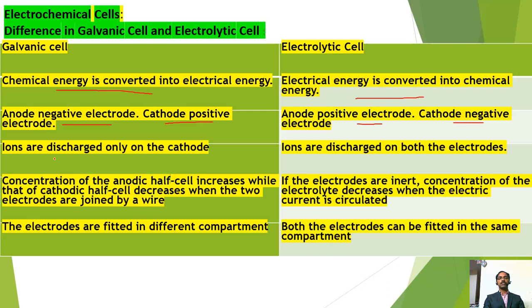Next, in galvanic cell ions are discharged only on the cathode. Here in the electrolytic cell, ions discharge on both the electrodes. This point, because here battery is there, battery producing one side positive charge, one side negative charge. So at anode, oxidation reaction, at cathode, reduction reaction. So two sides.